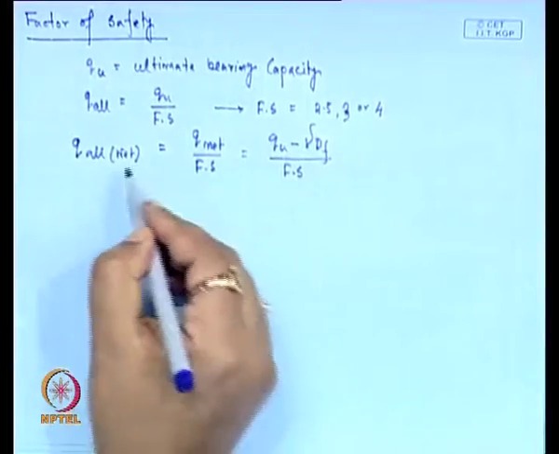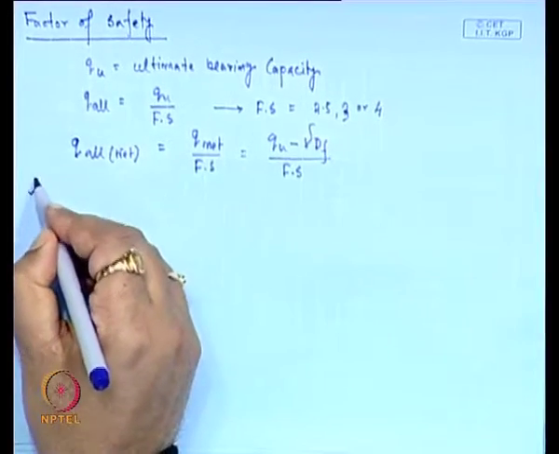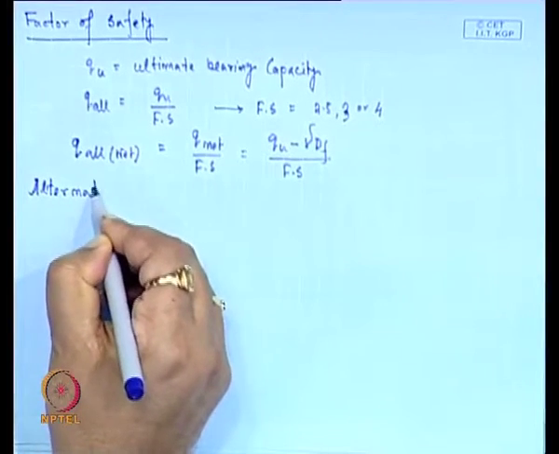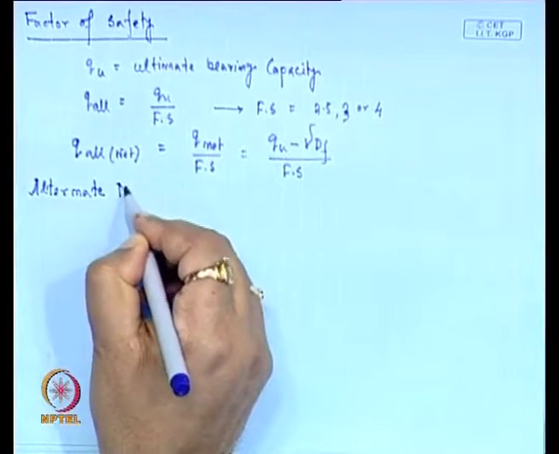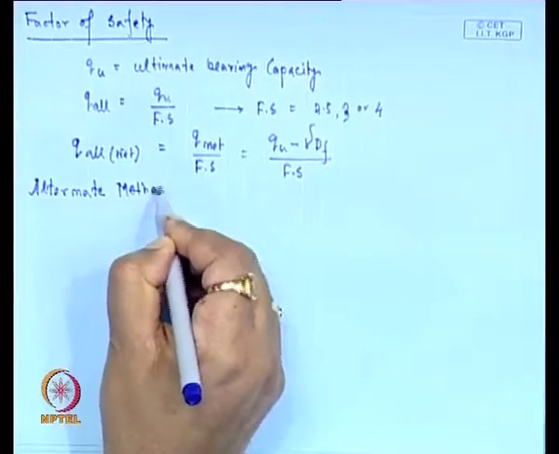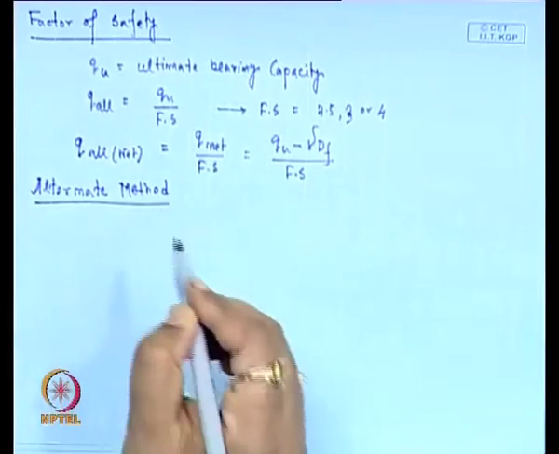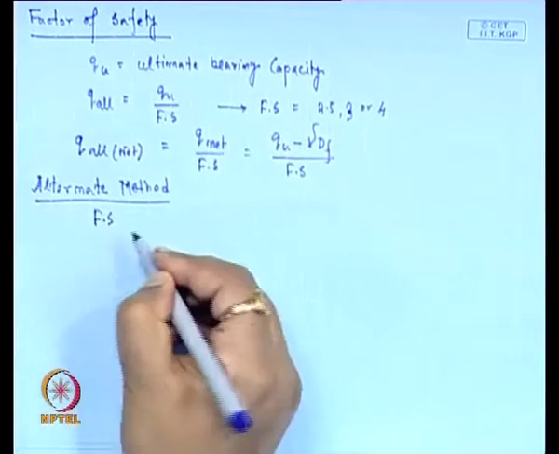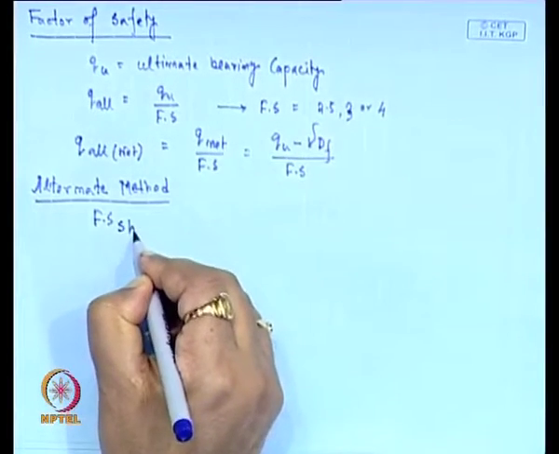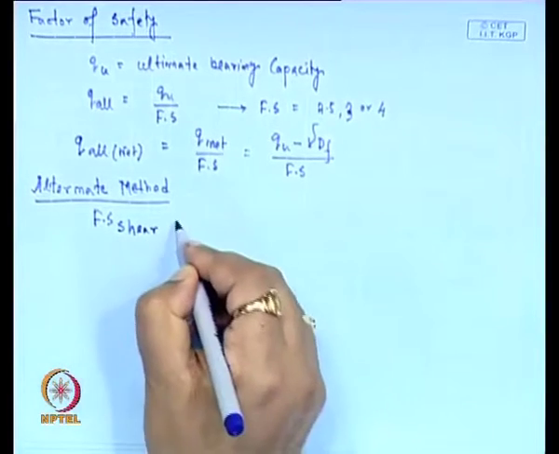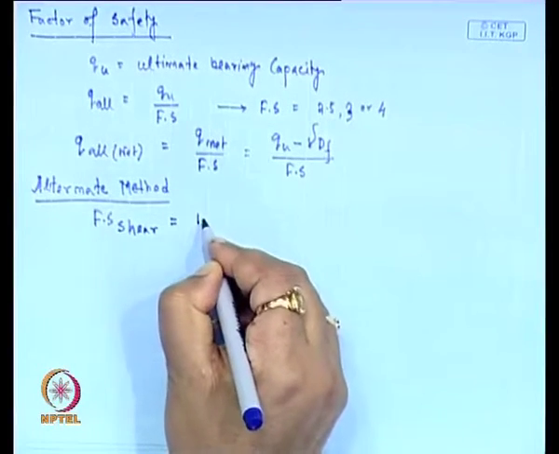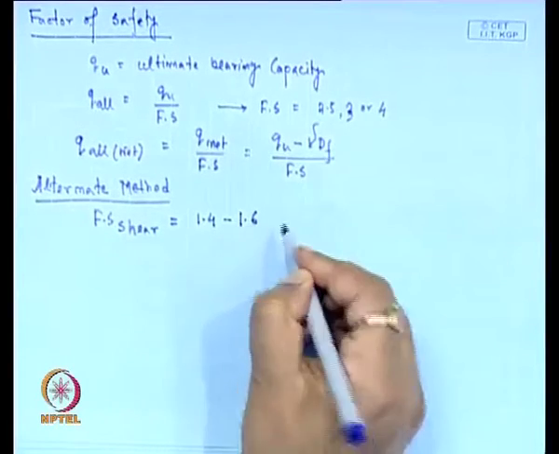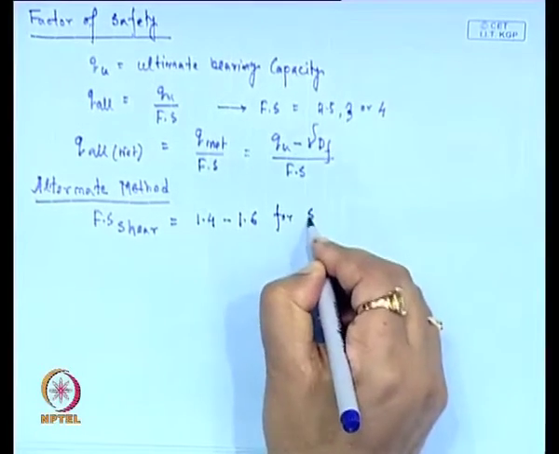Now, there is another alternate method where we apply a factor of safety F_s against shear. Generally a value of 1.4 to 1.6 is applied for shear failure.